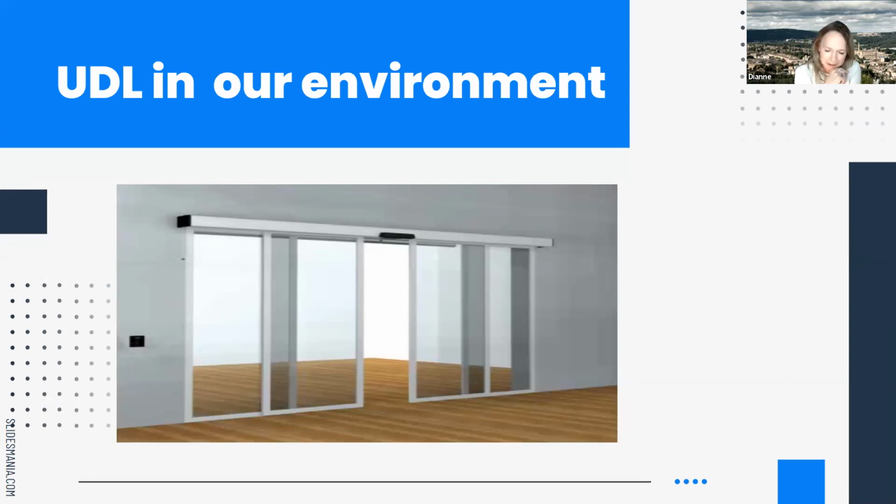Now, my next question is, where do we see UDL in everyday life? So I've got an example here. We have got some automatic sliding doors. These are universally designed for all to be able to enter through that building.